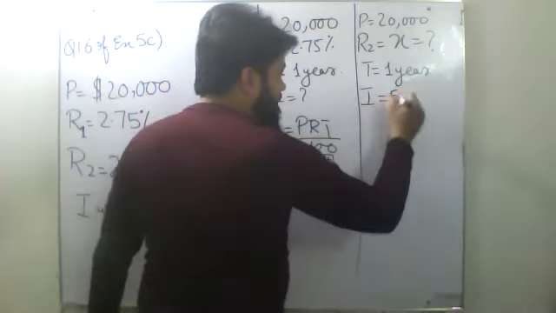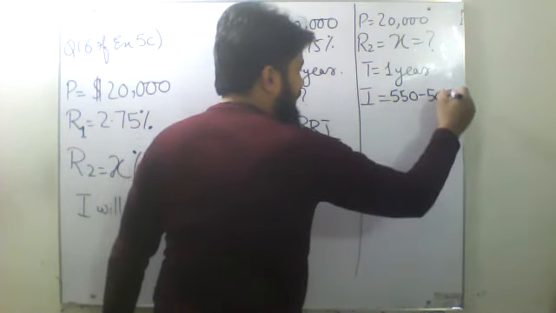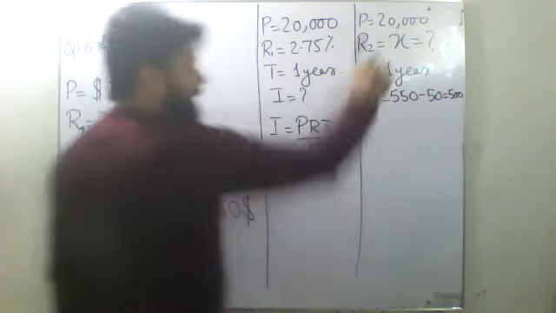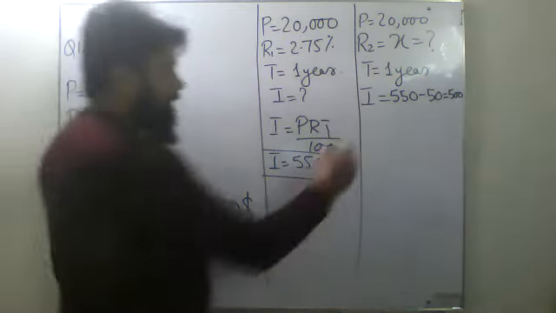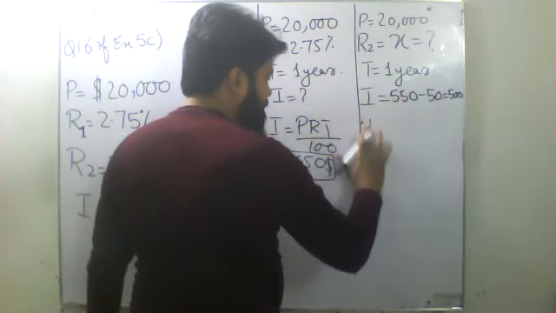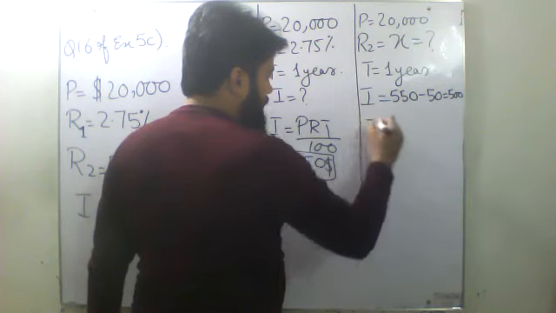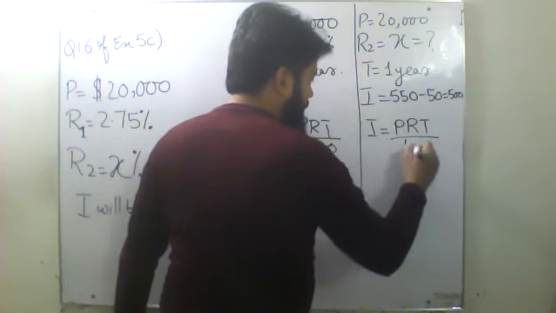So 550 minus 50 will be 500. I have to find the rate. I equals PRT over 100.